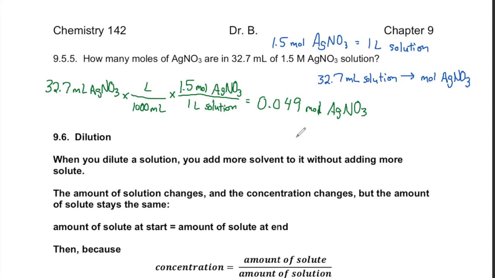And this comes out to be 0.049 moles of silver nitrate. I cut it down to 2 significant digits because the concentration over here we only know to 2 significant digits. So this is the amount of moles of silver nitrate that you have in the solution. If you wanted the number of grams of silver nitrate that represents, you could use the molar mass and take this further and even convert it to grams.